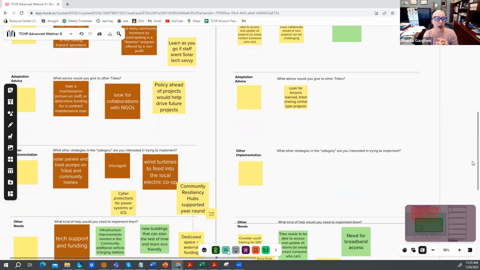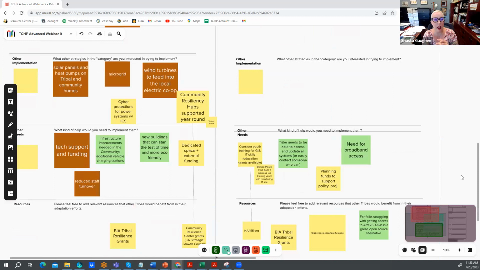But we want to do more outreach that is online, which is kind of where our young people are living these days. But if you don't have broadband and you have limited access to regular internet, that's a huge problem. So I wonder if anybody is taking advantage of funds for broadband. I know the federal government is doing more, but is that an issue for anybody who's on the call right now?